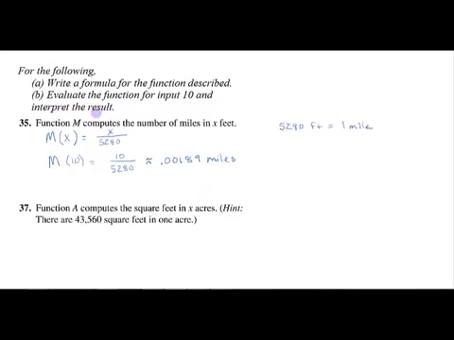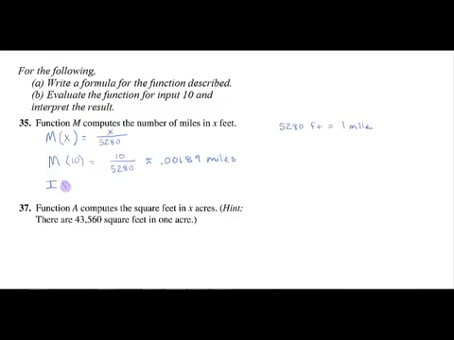And that is our interpretation of the result. We don't want to just say that m of 10 equals 0.00189, and we don't want to just say that if we have an input of 10, then the output is 0.00189. You want to describe this in everyday terms that somebody who doesn't understand functions would be able to understand.